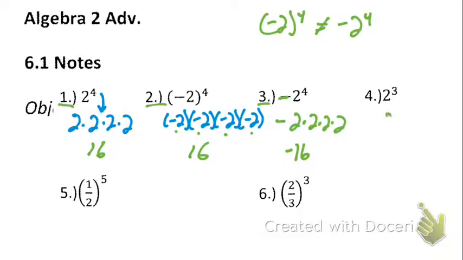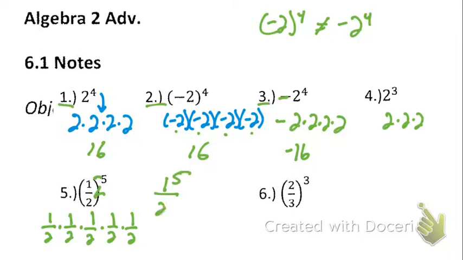Now 2 to the third power, that's 2 times 2 times 2. 1/2 to the fifth power is 1/2 times itself 5 times. I'm going to do this because I'm extra. Or what you could do is take each of these to the fifth power. So 1 to the fifth power and then 2 to the fifth power. So either way, you're going to end up with 1 over 32 if you wanted to know that.